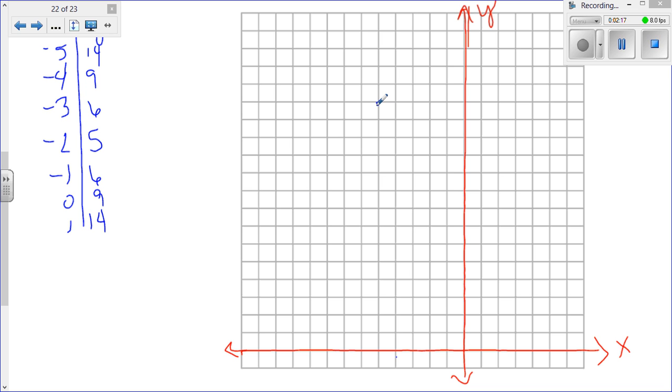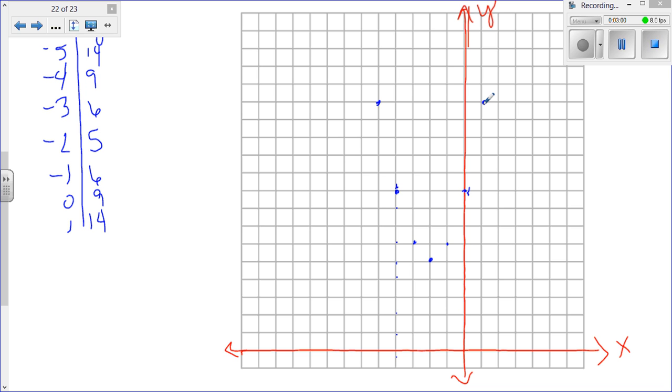Then -4, 9. And then -3, 6. Then -2, 5. Then -1, 6. And 0, 9. And 1, 14.